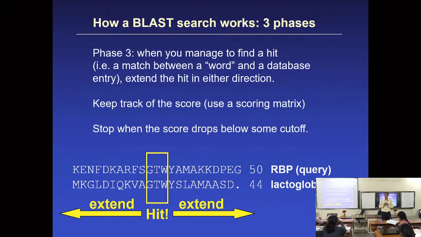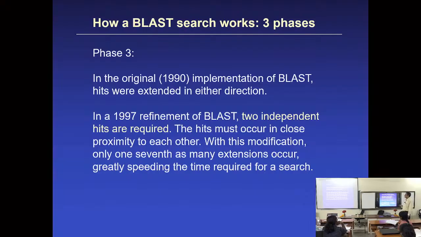And then what BLAST does, it extends the alignment in either direction, and it pauses when the score for the alignment falls below a threshold. Then stop. Remember, this is local alignment. Okay. So this is how BLAST does.